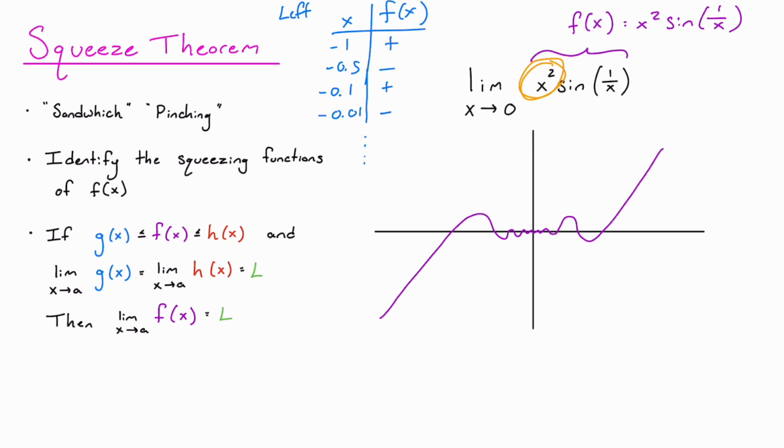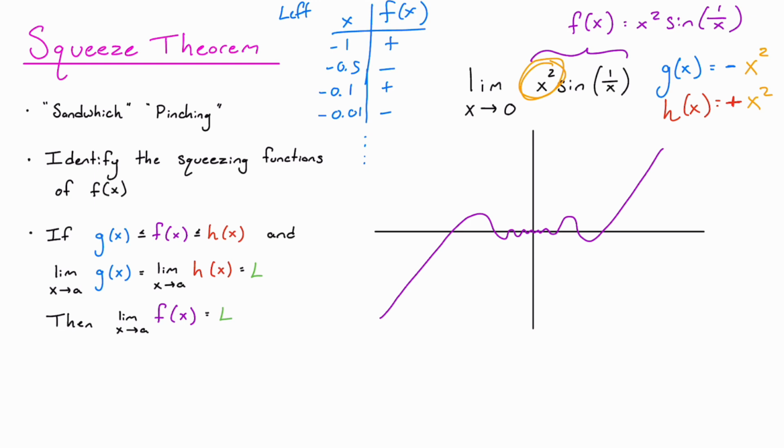This means that we have two different functions where g of x is going to equal the negative value of this thing that we've circled in orange here, so negative x squared, and h of x is going to equal the positive version of this, x squared. So g of x and h of x are our squeezing functions that we were talking about. They're functions that we know and that we can find the limit for.